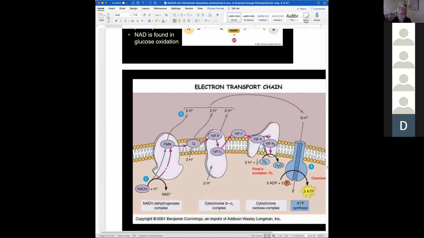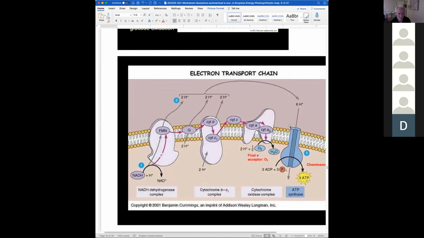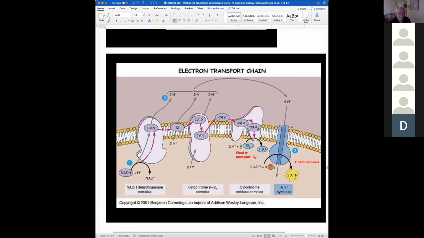And while that's happening, protons are being produced on one side of the membrane. So electrons are flowing through the membrane, protons are accumulating on one side, and then at some point chemiosmosis occurs. This blue structure represents a number of proteins, including ATP synthase, which takes ADP and inorganic phosphate and makes ATP.